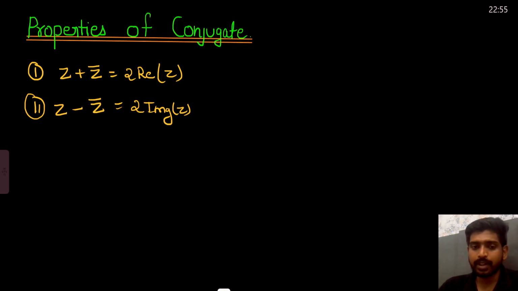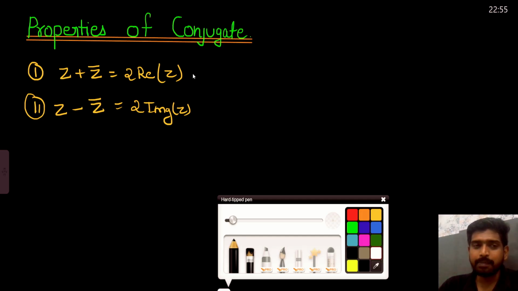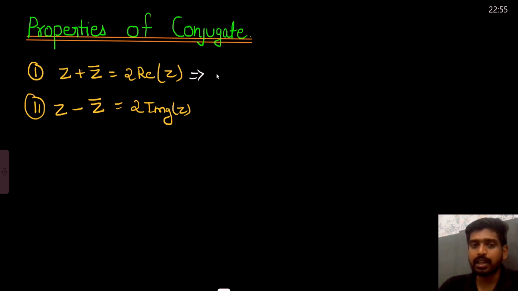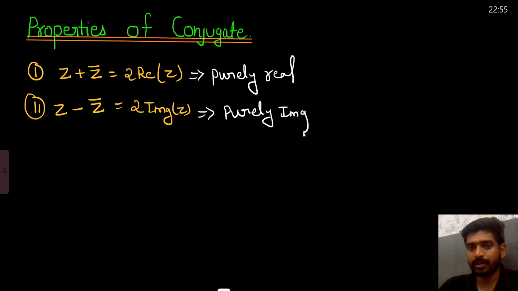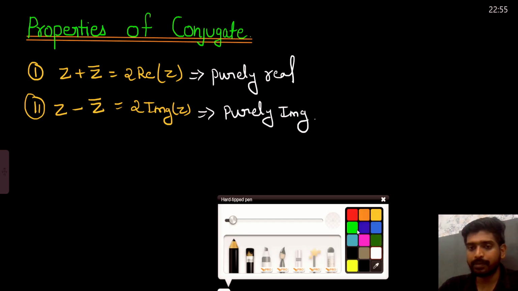Got it? Now, can I say that z plus z bar is purely real? Because the imaginary part got cancelled and the imaginary part is 0, thus it is purely real. What is z minus z bar? Z minus z bar is purely imaginary. Got it?